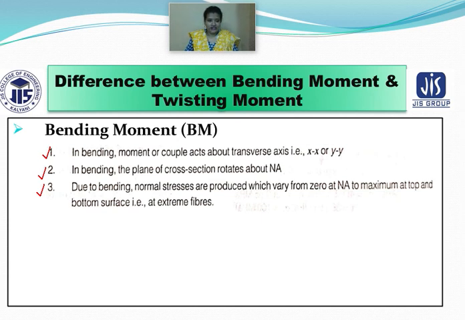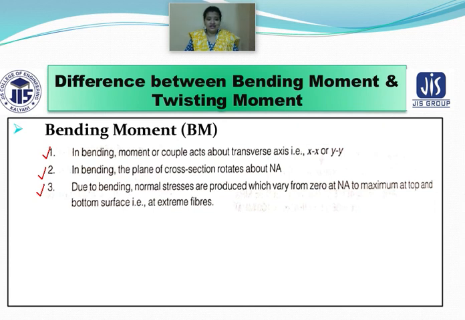And finally, due to this bending, the normal stresses produced vary from 0, and this 0 value is obtained at your neutral axis, and you obtain the maximum value for normal stresses at the outer surface, the top surface or bottom surface of that particular product.